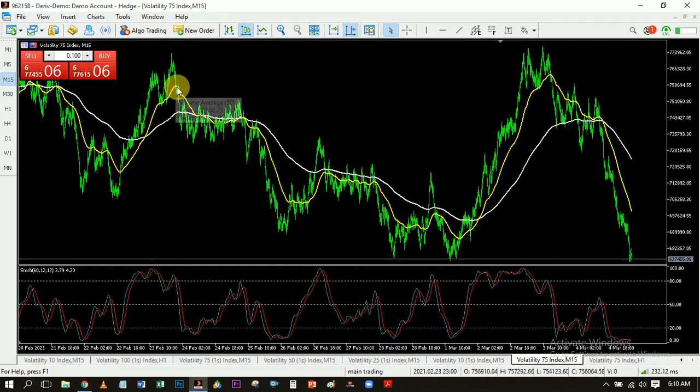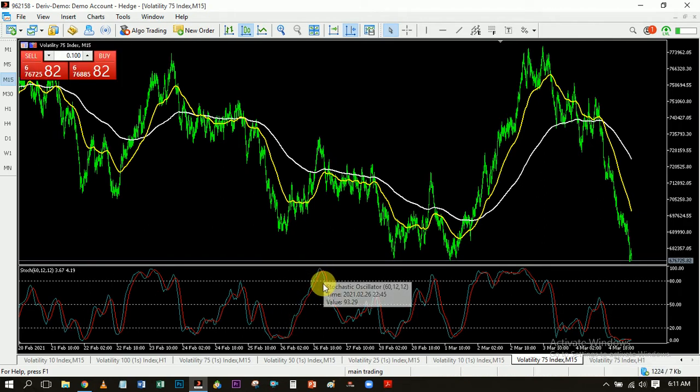Then I also want to see that the moving average 50 has crossed below the 200 and is still below the 200. Note that the 50 must be below the 200 and must still be below the 200 when the stochastic is overbought, that is above the 80 mark.